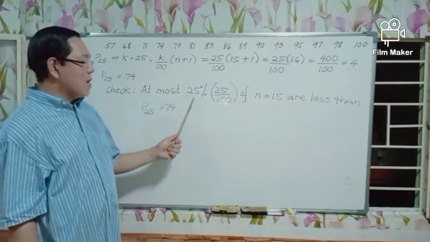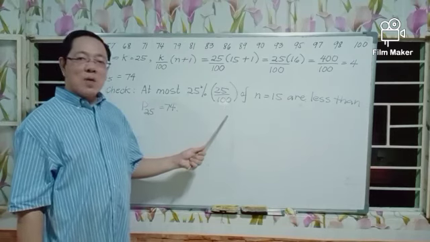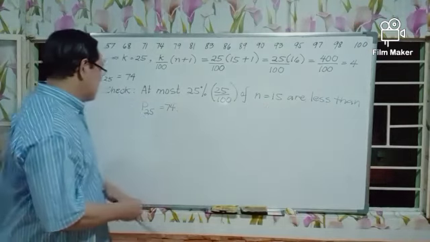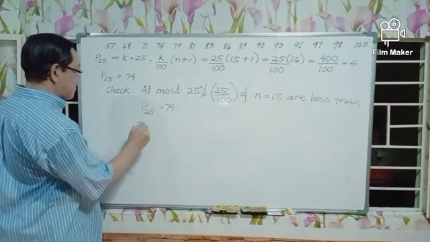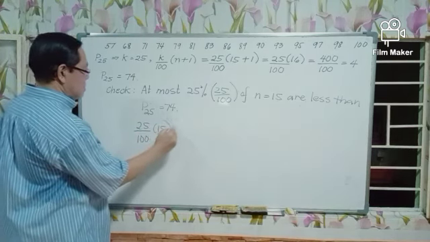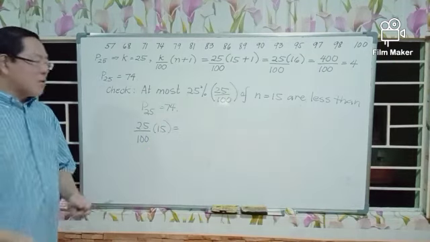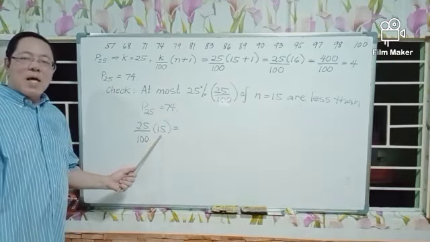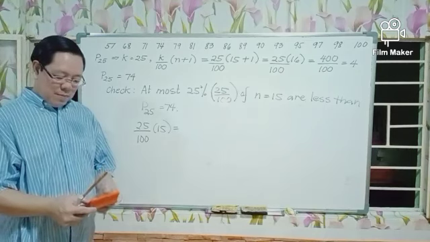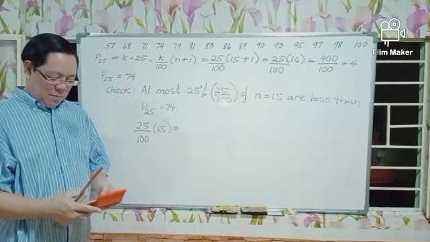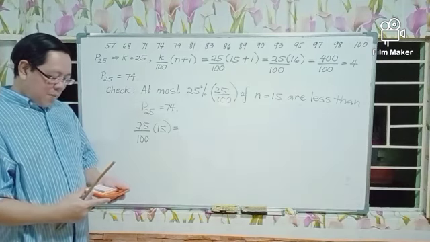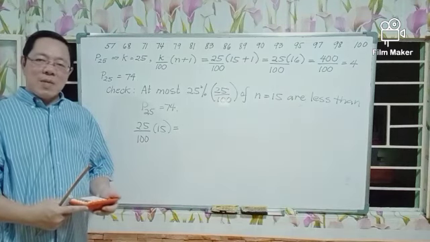We now calculate 25%. I will use 25 over 100 of 15. We multiply 25 over 100 by 15. Using your calculator, multiply 25 by 15 and divide the product by 100. 25 times 15 is 375.